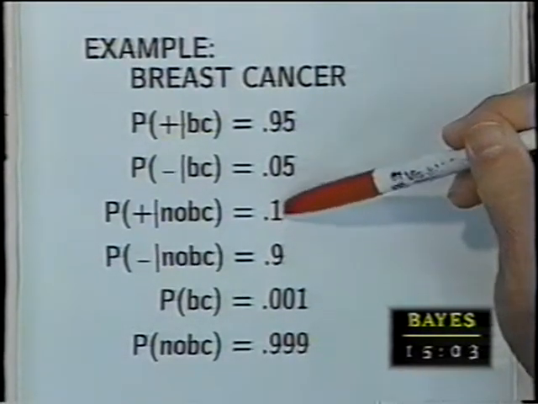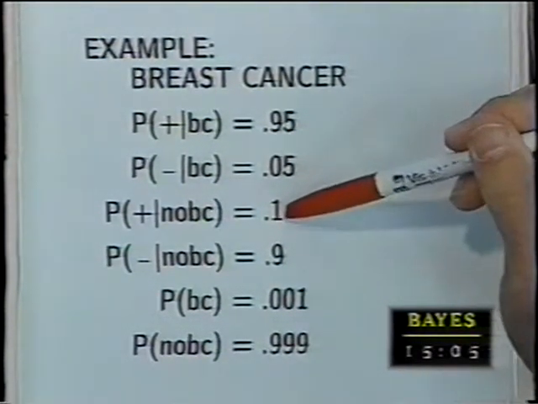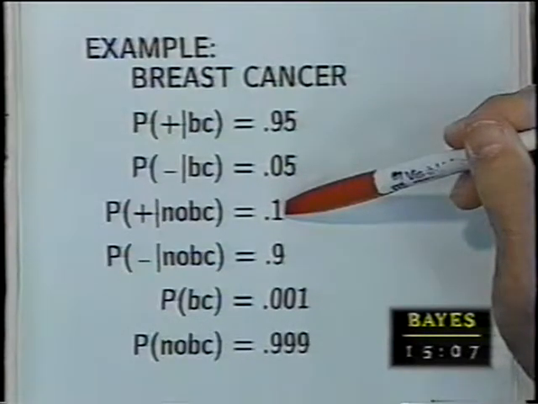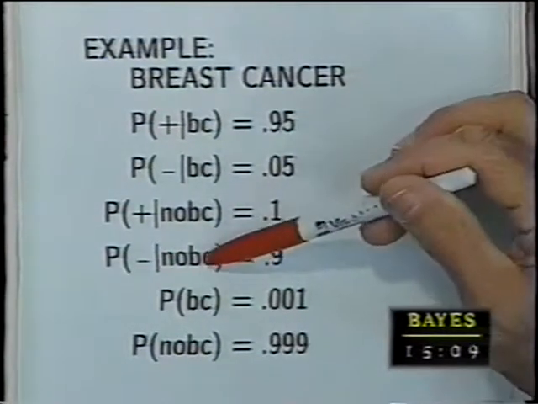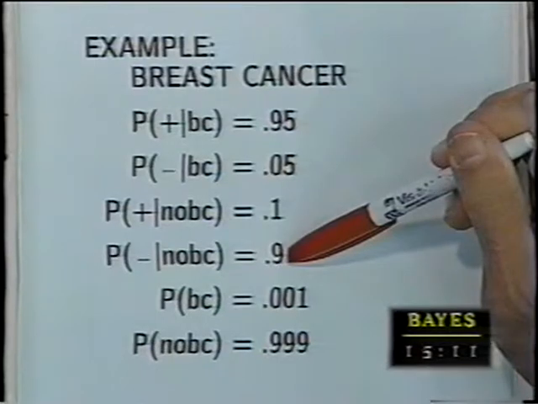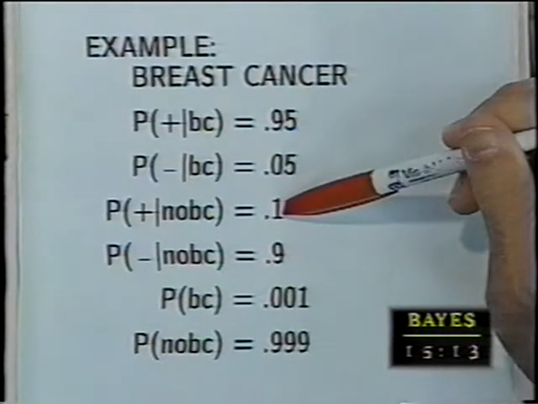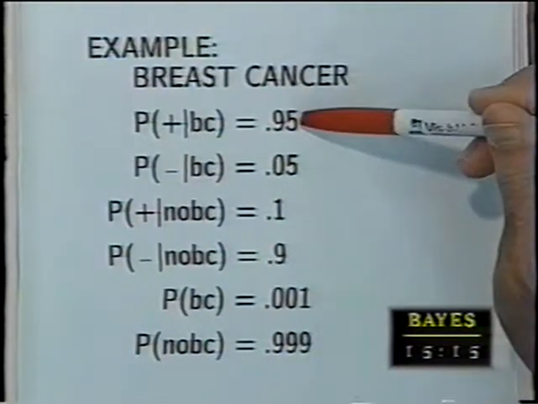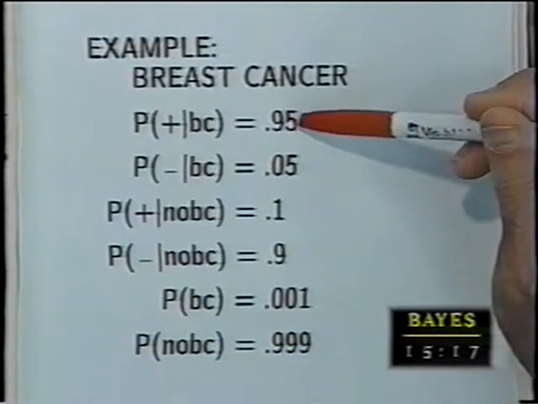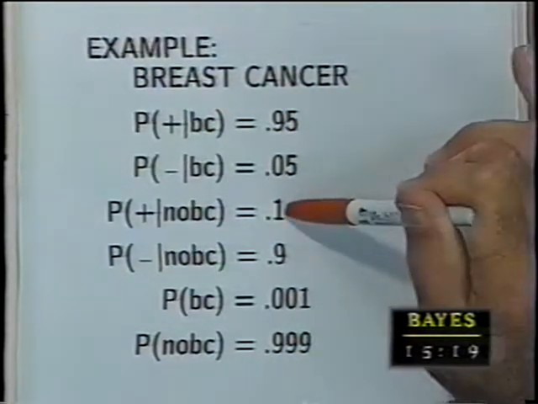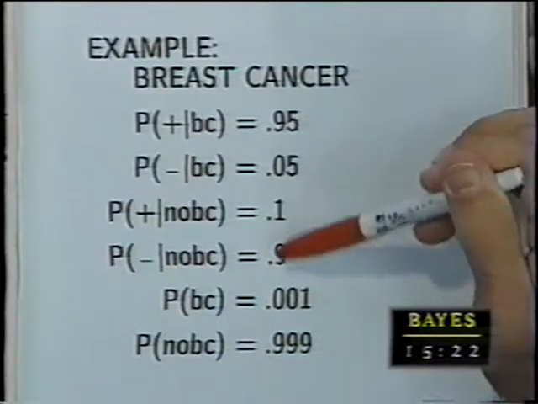It's probably some calcium deposit or something, but it will show a positive test. It will show the negative test when you don't have cancer 90% of the time. So there's a 10% false error rate and a 95% accuracy. So if we know that it's 95% accuracy and a 10% false error rate, we know all these numbers.